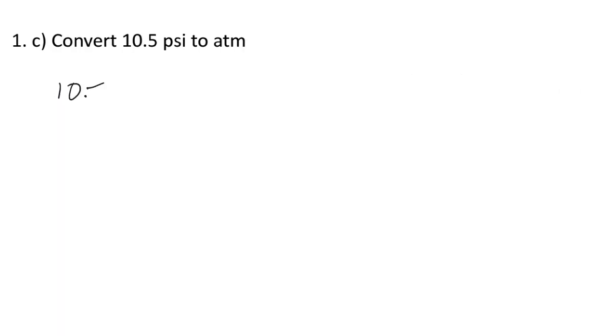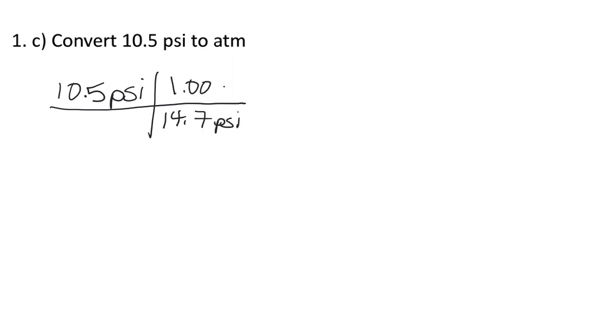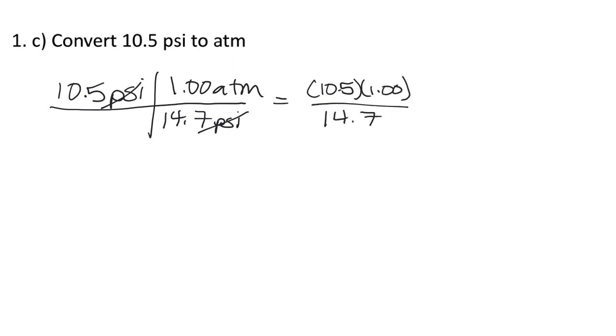Okay, so 10.5 PSI, with 14.7 PSI and 1.00 ATM, and it's 10.5 times 1 divided by 14.7, and we get 0.714 ATM.